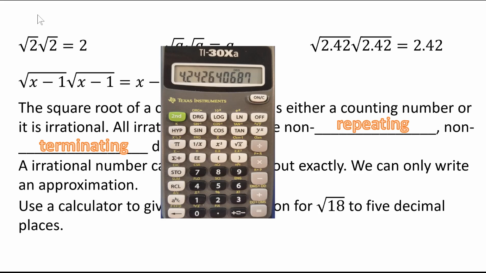So 4.24264, that would give you 5 digits to the right of the decimal place. That's what it means when it says round it to 5 decimal places. And you wouldn't round that 4 up to a 5 because this is a 0. So you look at the 6th decimal place, the 6th digit, and if it's less than 5, you keep that 5th digit, whatever it is.